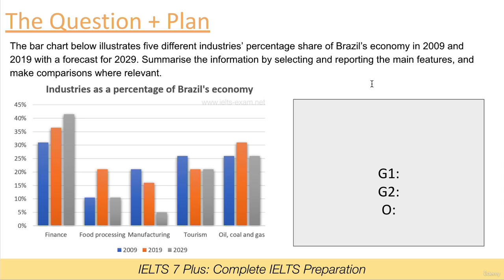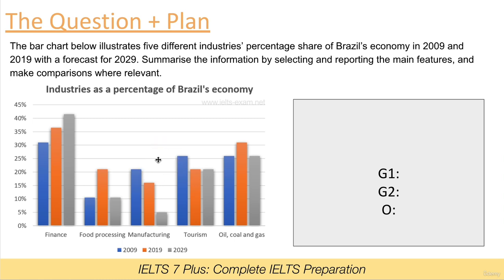Alrighty then, so what we could do is group the years. We could join up 2009 and 19 maybe, and the future year perhaps, and then use the future tense for this group. Or we could potentially group up some of the industries themselves.